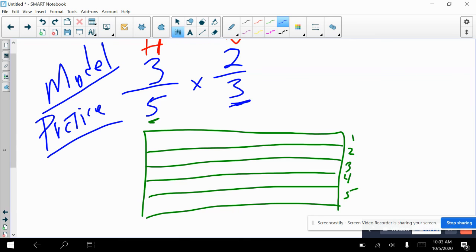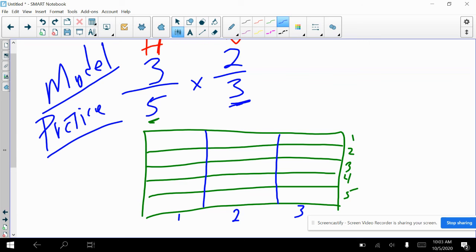Okay, and the 3 here in our vertical one means that we need to have 3 columns that make up a whole, right? So we have 1, 2, 3. See how that works? Okay. So far, so good.